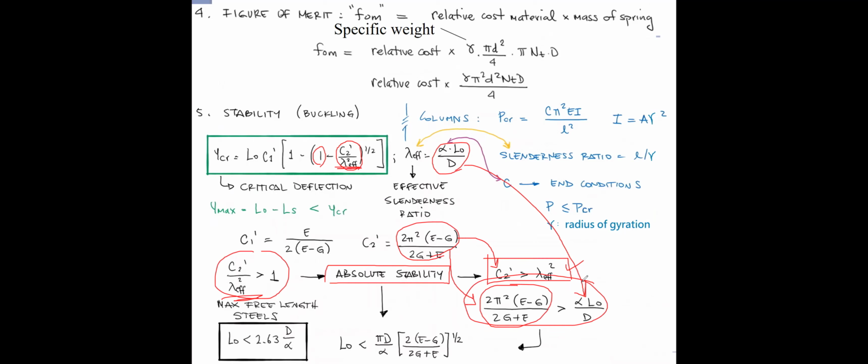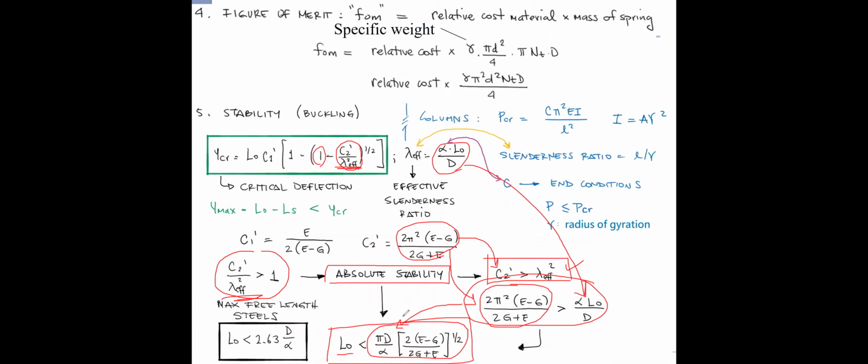equation. We can rearrange it to get L naught, the free length. If this spring is absolutely stable, it has to meet the condition that L naught, the free length, has to be smaller than this term.